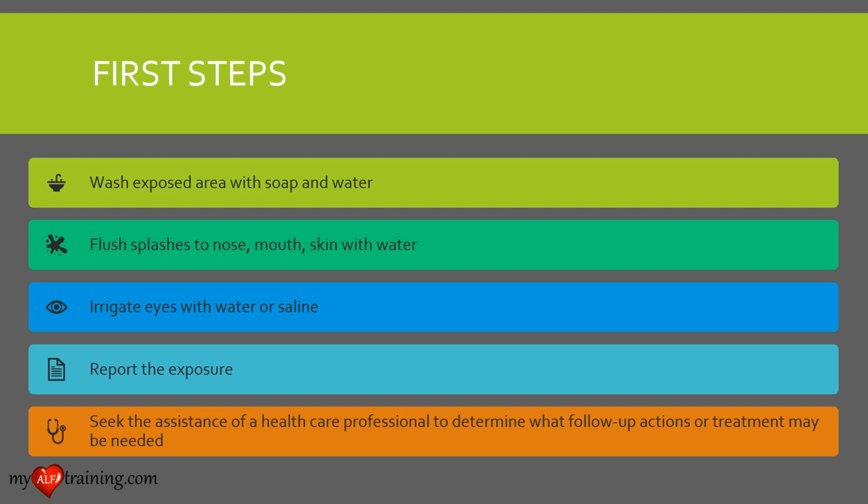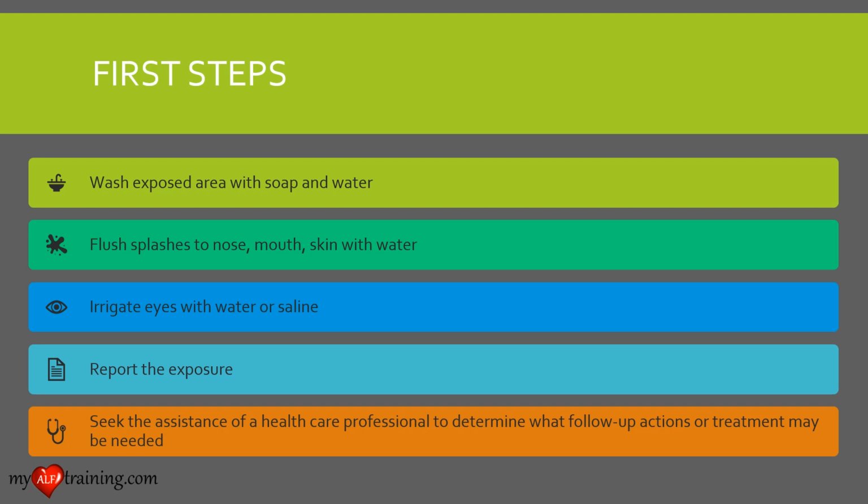Should it be a needle stick to the finger, one would wash their hands. Should it be splashback into the eyes, one will rinse the eyes with saline. So we will flush splashes to the nose, mouth, and skin with water. We can irrigate the eyes with water or saline. Once the area has been cleaned, the exposure needs to be immediately reported.